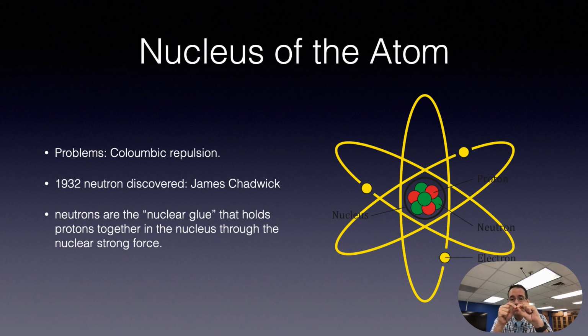Don't positive charges repel other positive charges? Yes. So the nucleus would explode due to Coulombic repulsion of positive and positive charges. So it wasn't until 1932 that the neutron was discovered by James Chadwick, who's considered to be the father of nuclear chemistry.